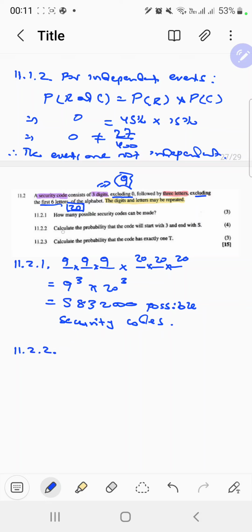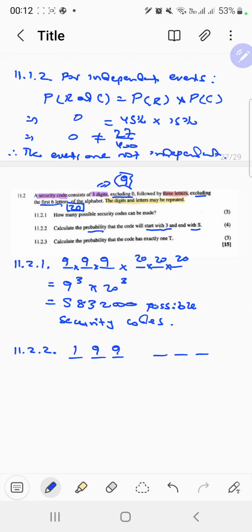11.2.2. Now it says calculate the probability that the code will start with a 3 and end with an S. So let's see. 1, 2, 3. 1, 2, 3. If we want to start with a 3, how many options do we have? There's only 1 three in those digits. Then the rest can be repeated, so this is 9 options, 9 options.